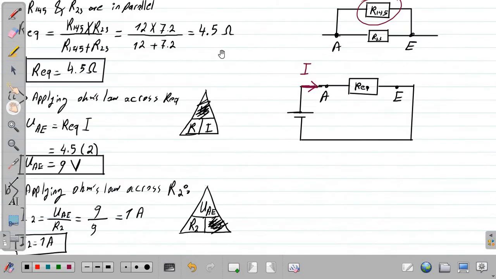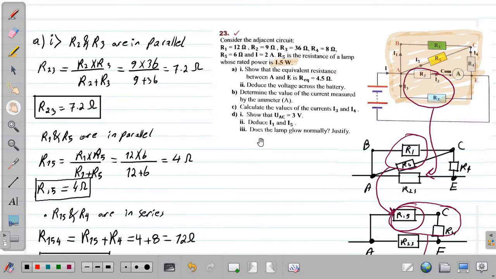Okay. Next question, deduce I1 and I5. دايما لما بيجيني deduce المفروض نعتمد على الكويشن السابق. I1 through R1 and I5 through R5.